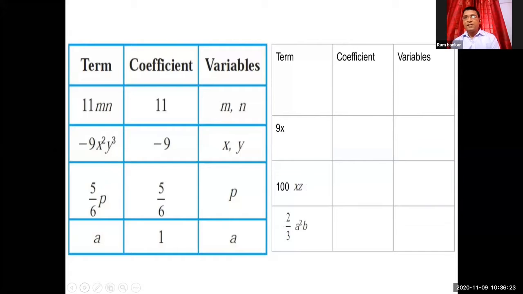Term is in the black box. You will see 9x. So coefficient is? Coefficient is 9. And variable is? X. Very good. Nice answer. In the second row, you will notice 100xz.